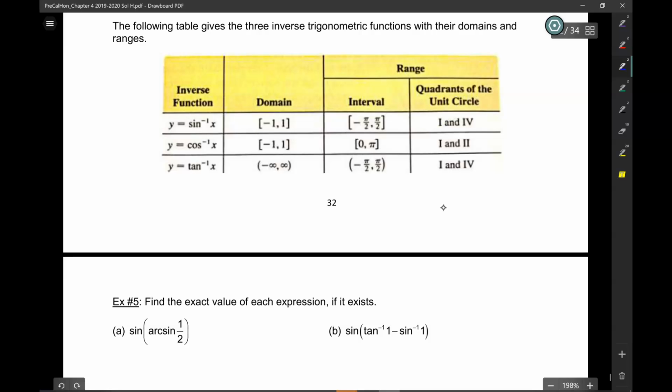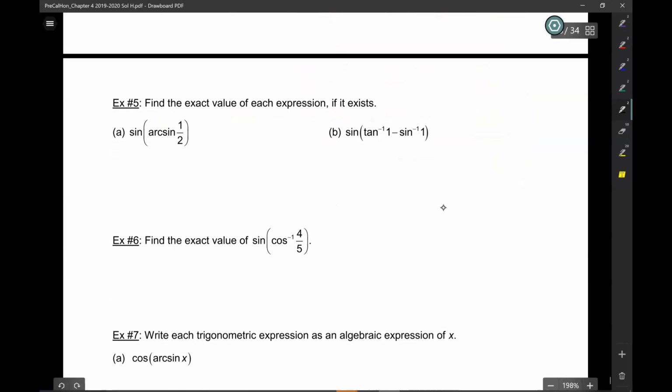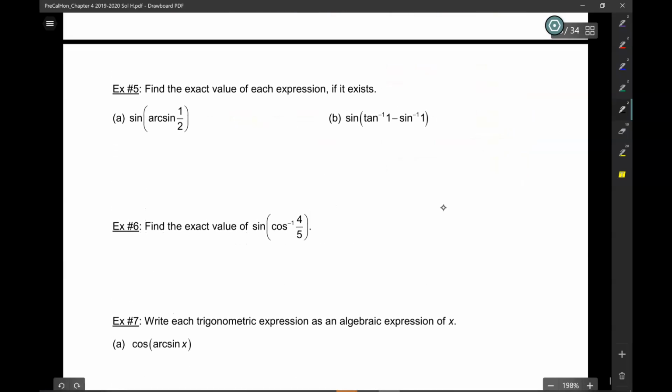It shows again that inverse sine of x is in quadrants 1 and 4. Inverse cosine is in quadrants 1 and 2. And then tangent is 1 and 4 again, except you don't have the top and bottom. Okay, quickly, and then I need to move on. We're not going to talk about the other ones.